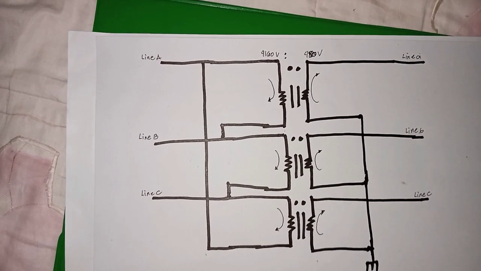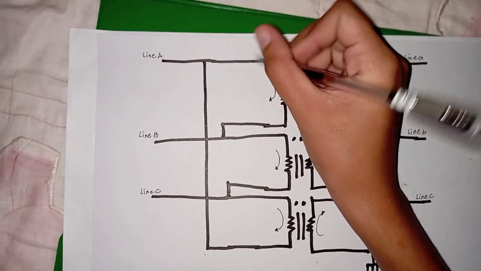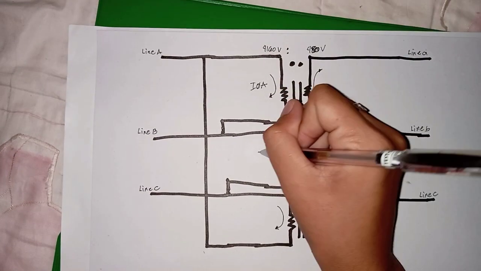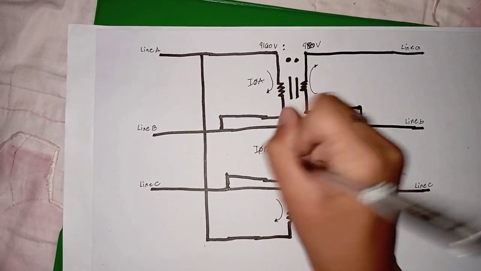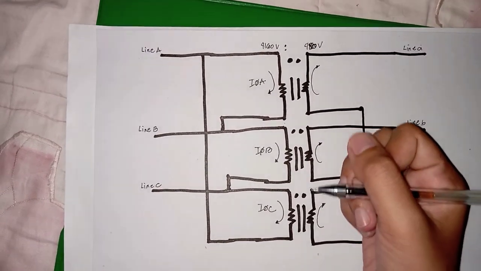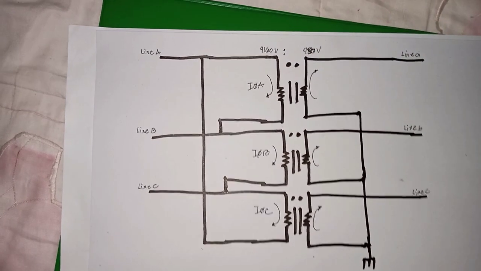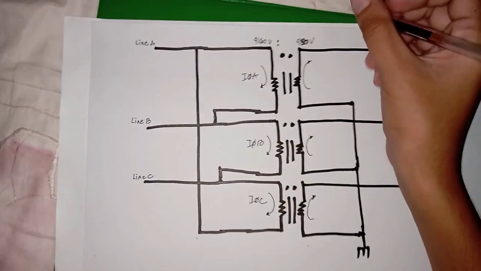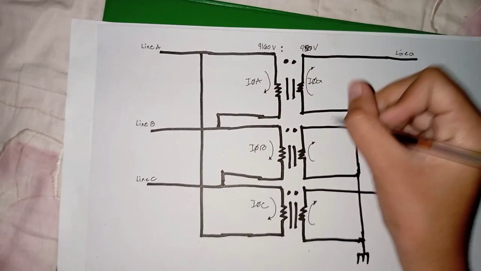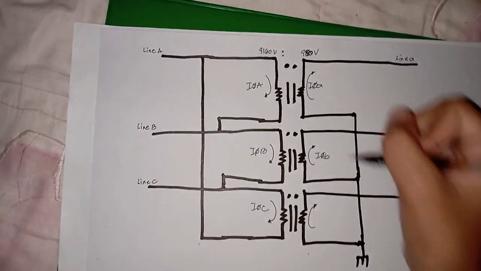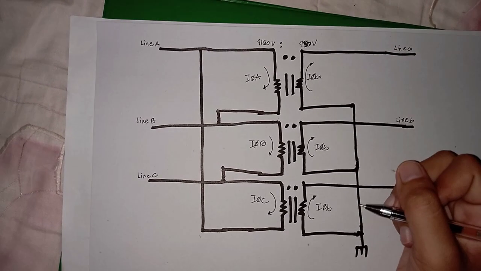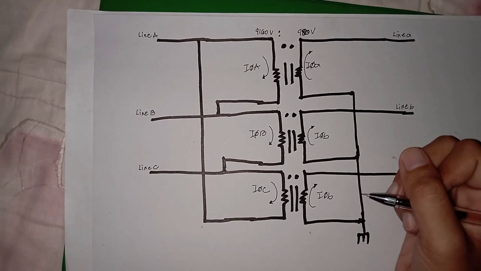We understand that the primary phase A, B, and C currents flow through the polarity side of the primary windings, and the secondary phase A, B, and C currents flow out of the polarity side of the secondary windings.